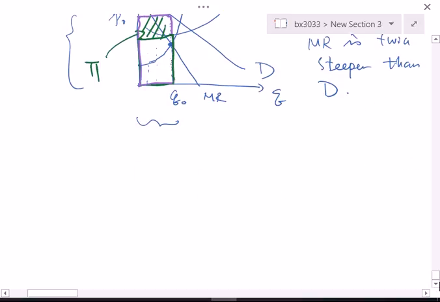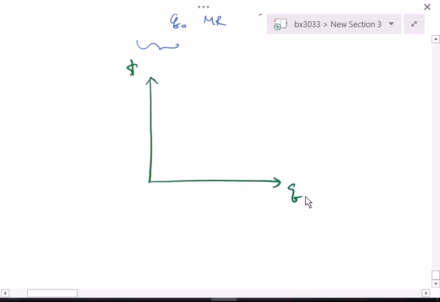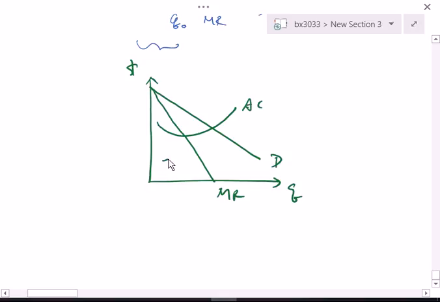Okay, let's analyze the welfare here. Demand curve, marginal revenue curve, average cost. Okay, I'm going to get rid of the average cost curve, I don't need that one.